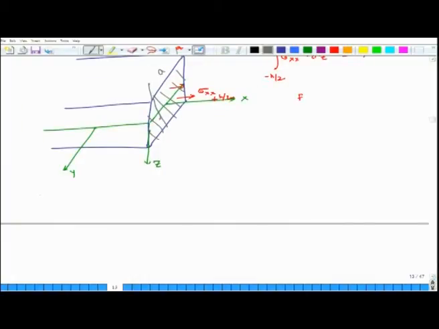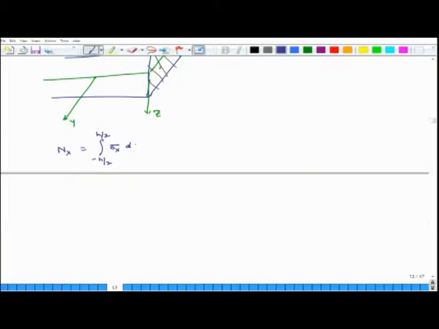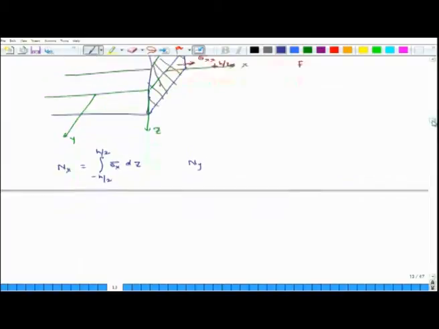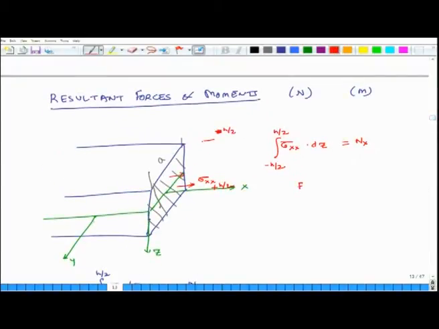So, similarly we define other quantities. So, Nx is equal to integral from minus h over 2 to h over 2 of sigma x dz. Similarly, Ny. So, what is Ny? In this direction, this is sigma y.